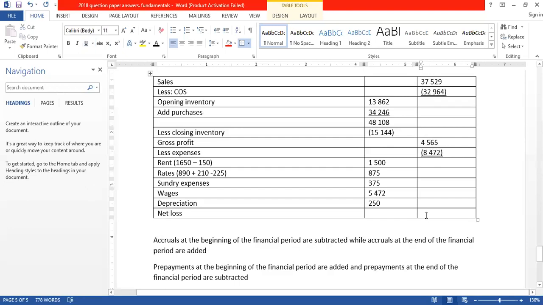So we made a net loss of 4565 minus 8472. So we made a loss of 3907, and it should be shown in brackets to show that it's a loss.